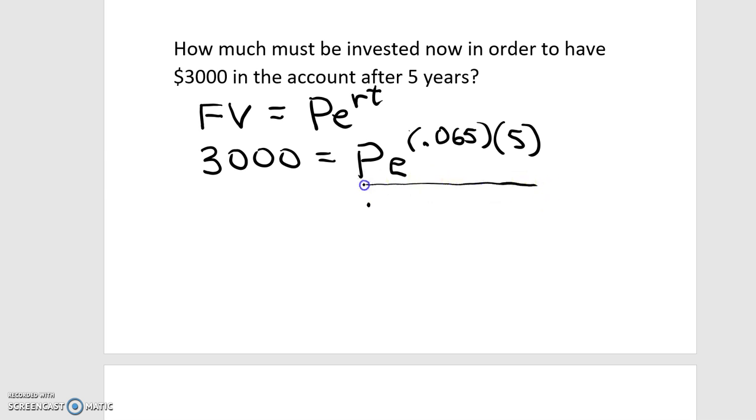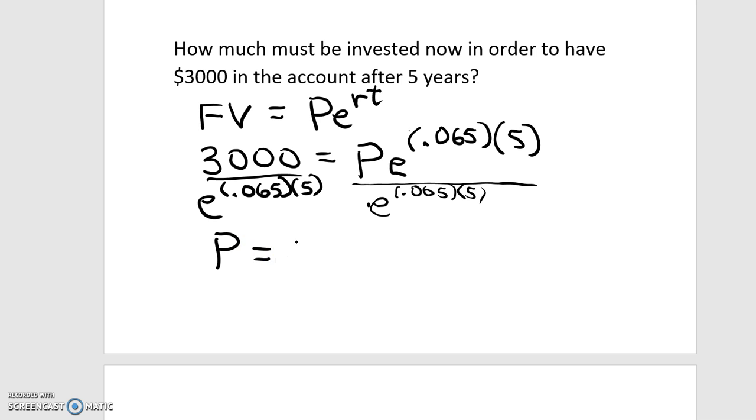So what we'll have to do is divide both sides by E to the 0.065 times 5 in order to solve for P. So we get that P is equal to $2,167.58.